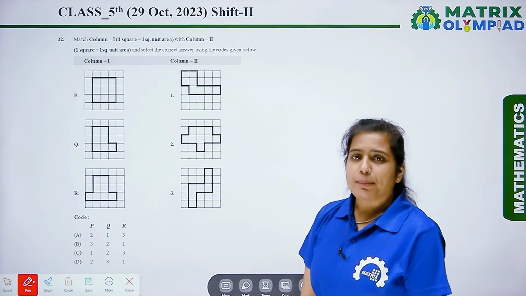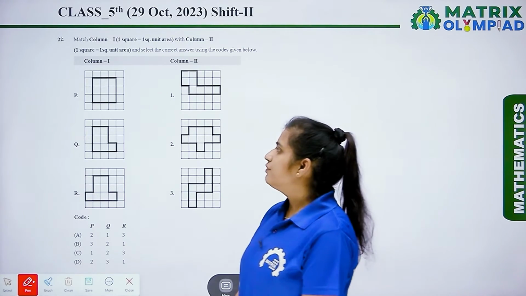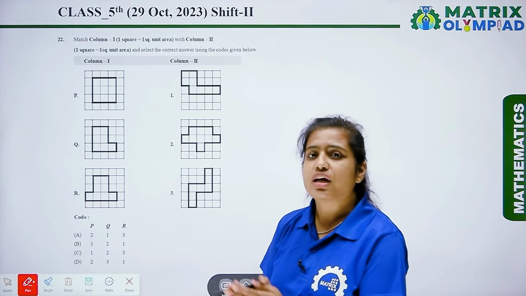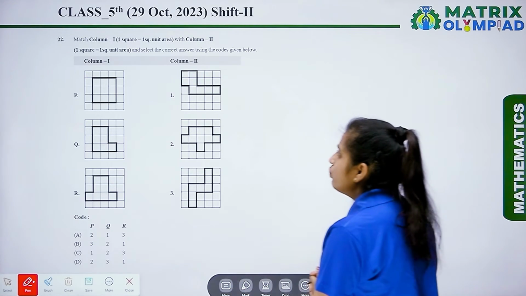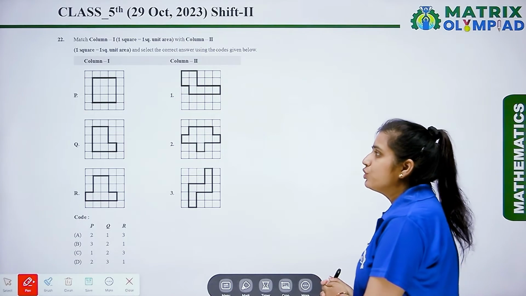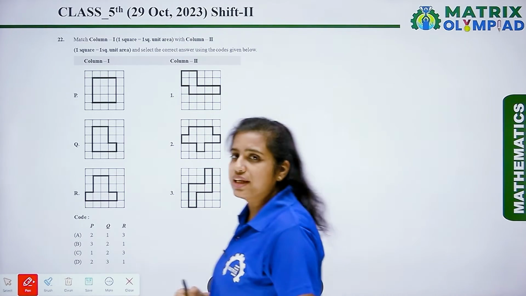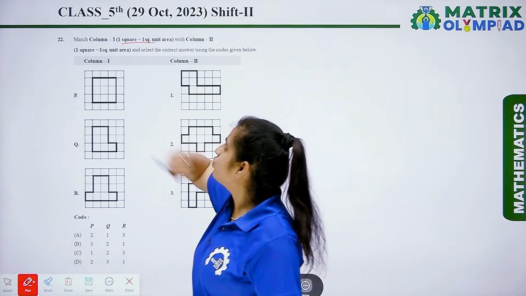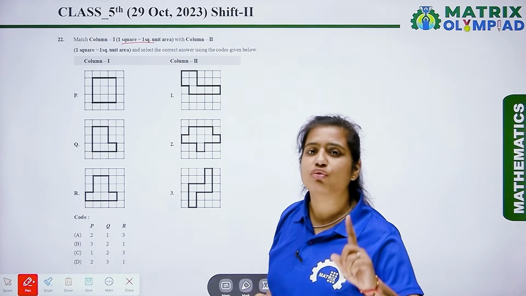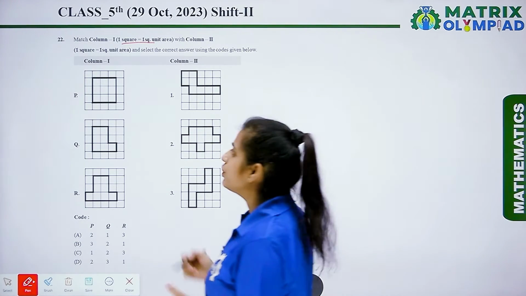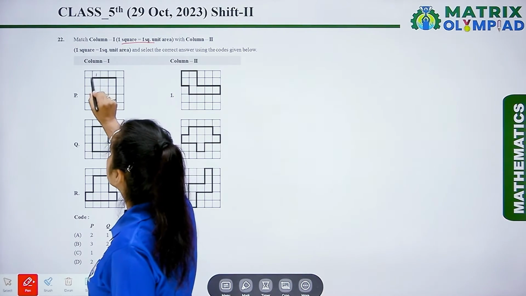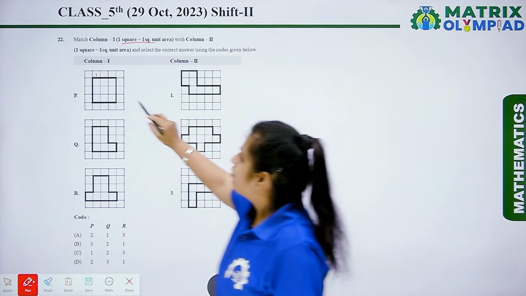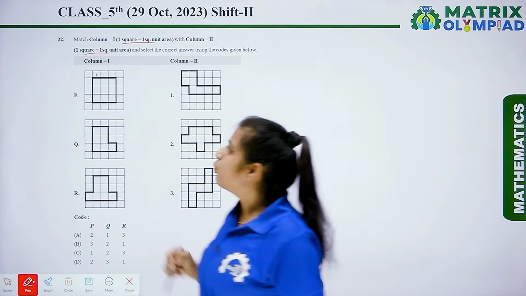Let's solve question number 22. In this question, we have to match the correct area in column 1 with column 2. So here, let's calculate the area first. And in column 1, it is written that 1 square is equal to 1 square unit. So the area of 1 small square is 1 square unit. It means the side of the square is 1. And in column 2 also, we have 1 square is equal to 1 square unit.